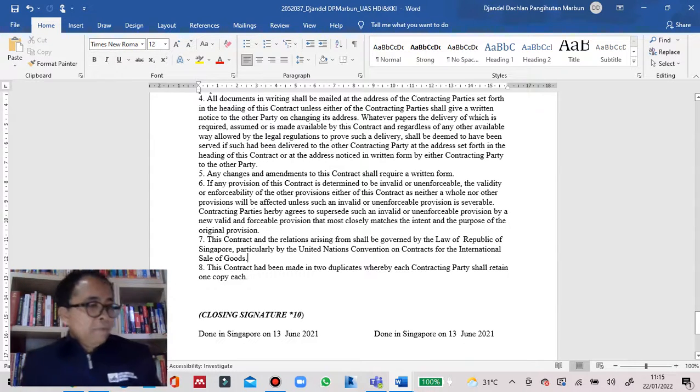For this number 7, maybe I will rephrase: the choice of law is among the laws applied, such as the UNIDROIT principles, and here the Convention on Contracts for the International Sale of Goods, from the United Nations, is also applied.